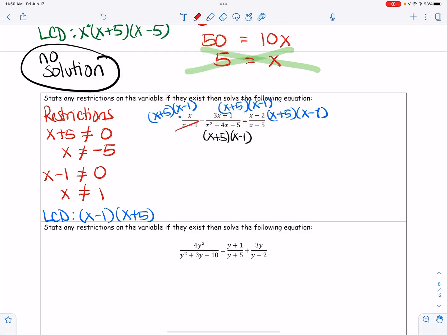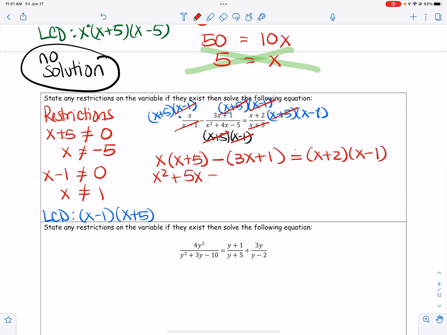So the x minus 1's cancel, and I have x times x plus 5 minus the x plus 5's cancel and the x minus 1's, but you have to be careful because you have to put parentheses around that numerator because you're subtracting everything. And then the x plus 5 cancels, and I have x plus 2 times x minus 1. So we've got a lot of cleaning up to do here.